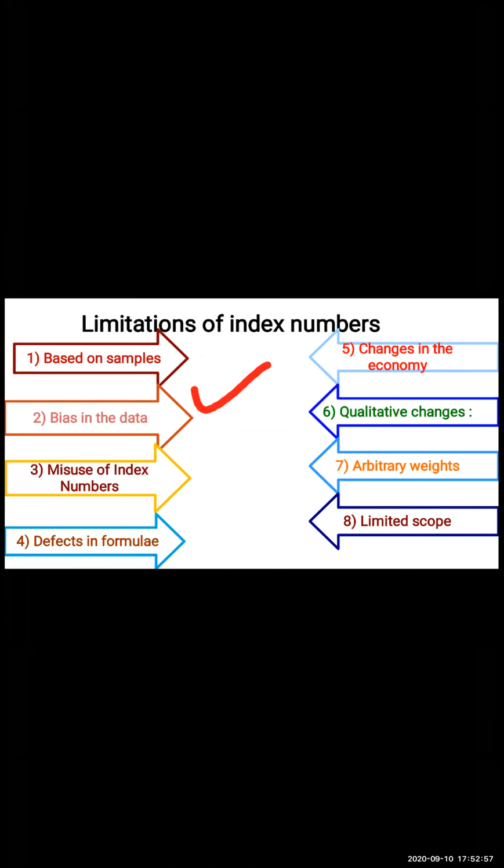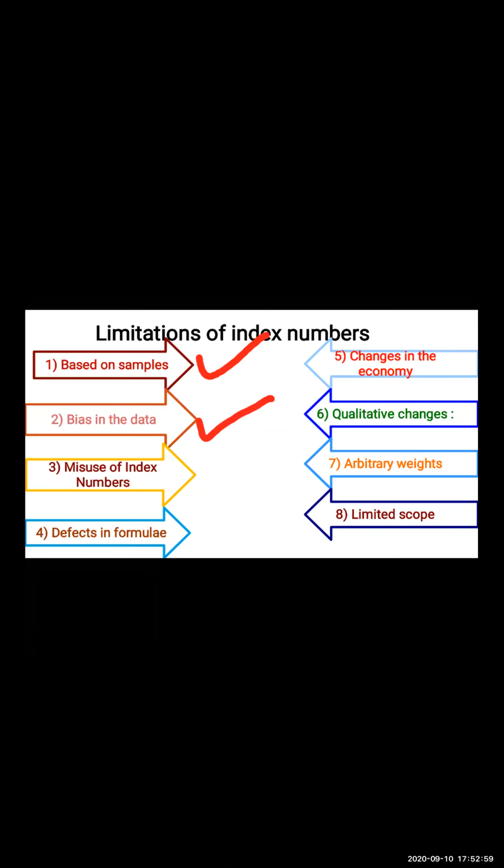The second limitation is the bias in the data. Bias means what? Partiality. Now whenever we are collecting data from people, or from a particular agency, it is not necessary that whatever data they are giving us will be correct. They might do partiality. This is one condition. Second condition is that when we are collecting data, we might become biased ourselves.